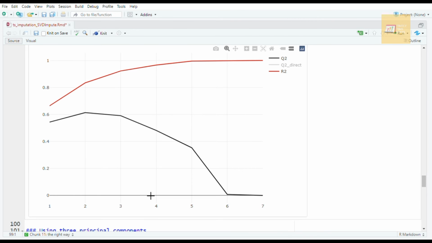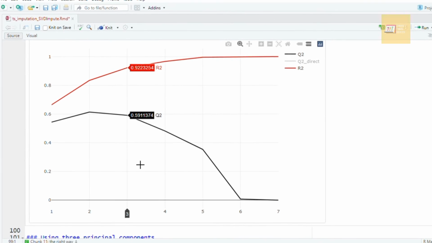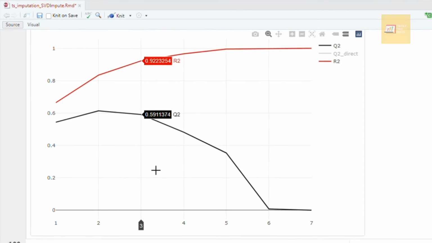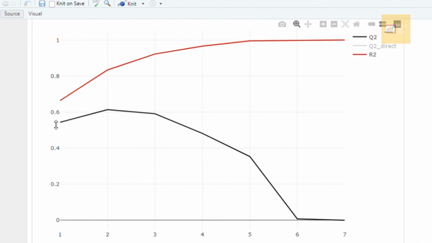And then the x-axis is for the number of loadings or the number of principal components. Okay, so when we have only one principal component, that single principal component can explain 66% of the whole dataset. This is what the R squared is telling us.